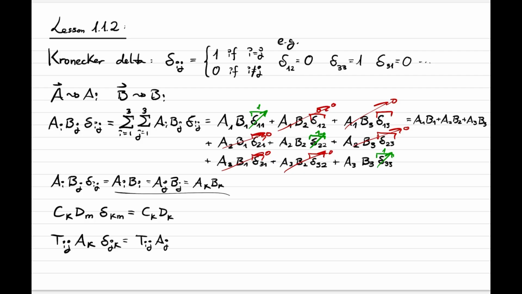We can also see this as when we have the double sum. So the Kronecker delta, every term of the sum is going to be 0 unless i equals j.